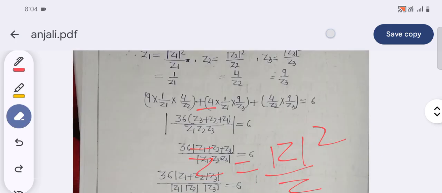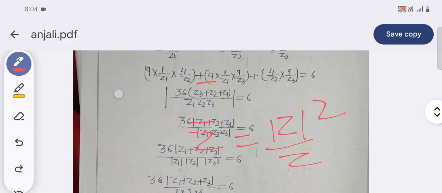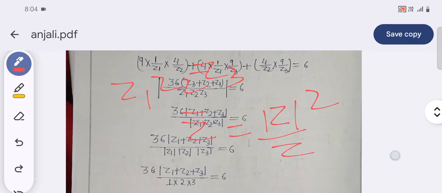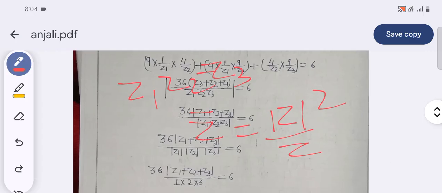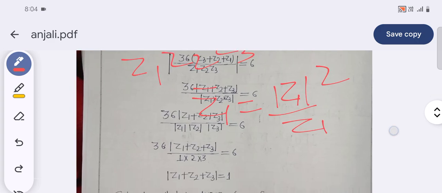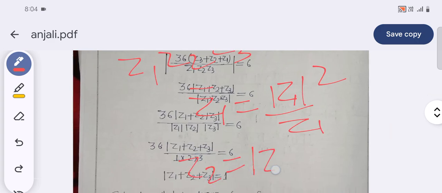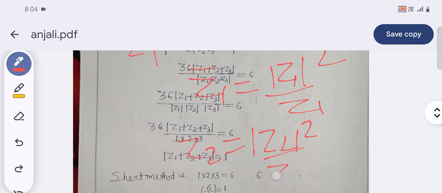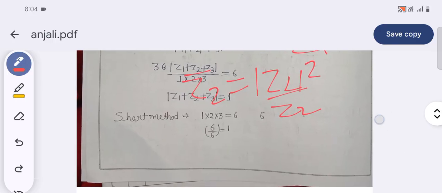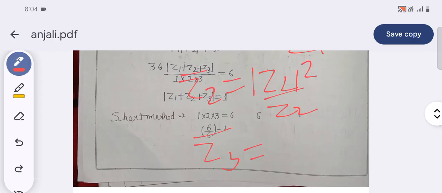It is clear? So we have three complex numbers z1, z2 and z3, and we can easily find out the values of their conjugates. So z1 conjugate will be this. And z2 conjugate is equal to mod of z2 square upon z2, and z3 conjugate will be mod of z3 square upon z3.